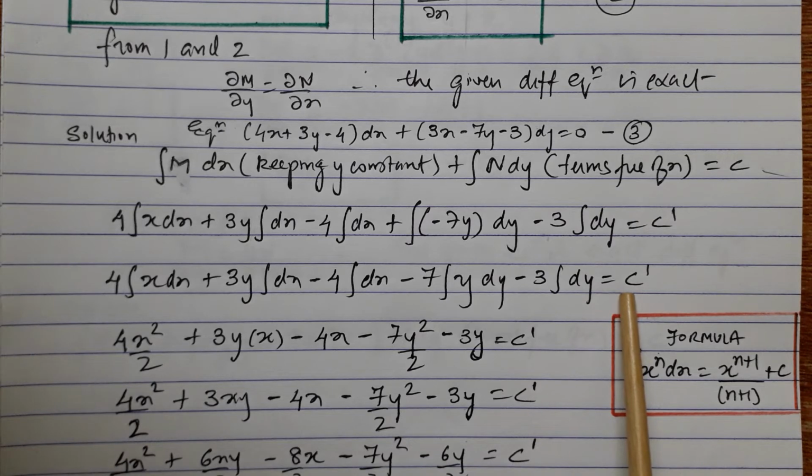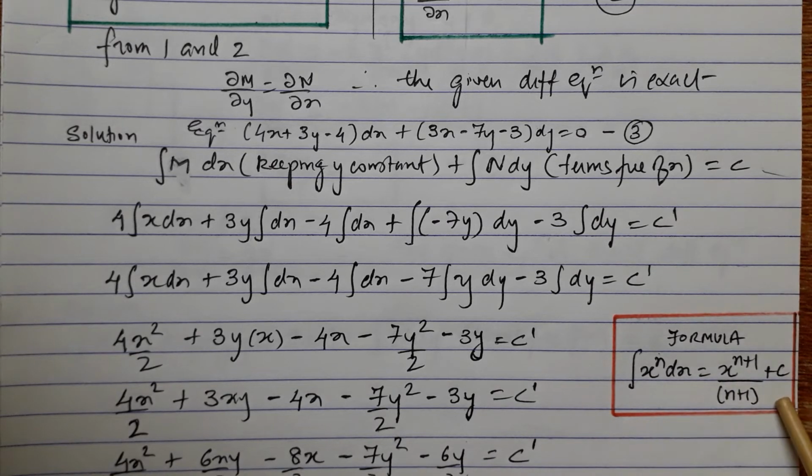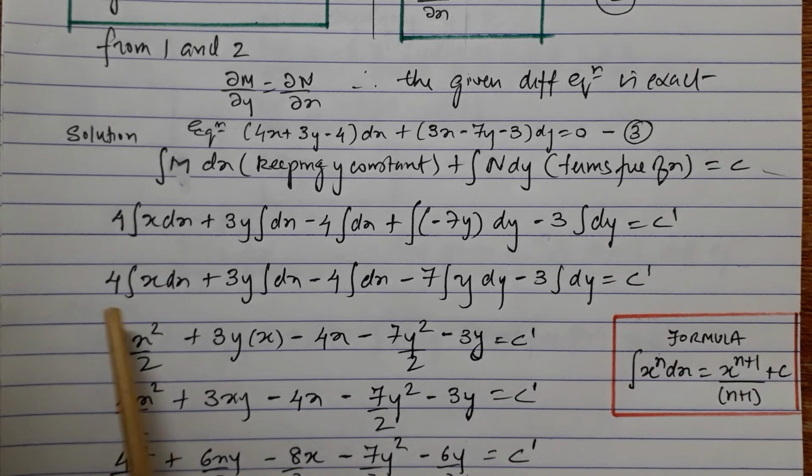Now, the formula that we'll be using to integrate this would be integral of x raised to n dx is x raised to n plus 1 upon n plus 1 plus c. So this would be the formula that we would be using to carry out these integrations.